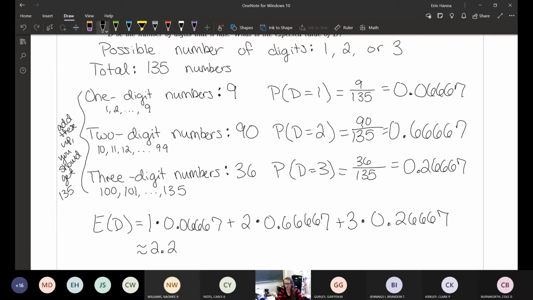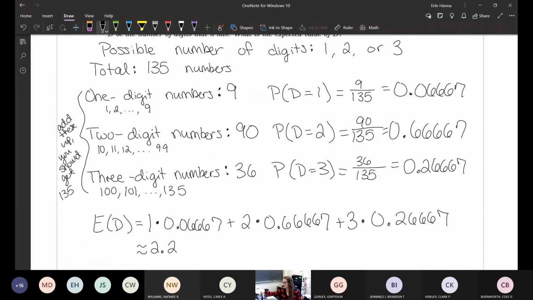Your options for a 6-sided die are 1, 2, 3, 4, 5, 6. You would find the probability of getting all of those rolls and add up the sum of the value times its probability. Questions, concerns about that? Okay.